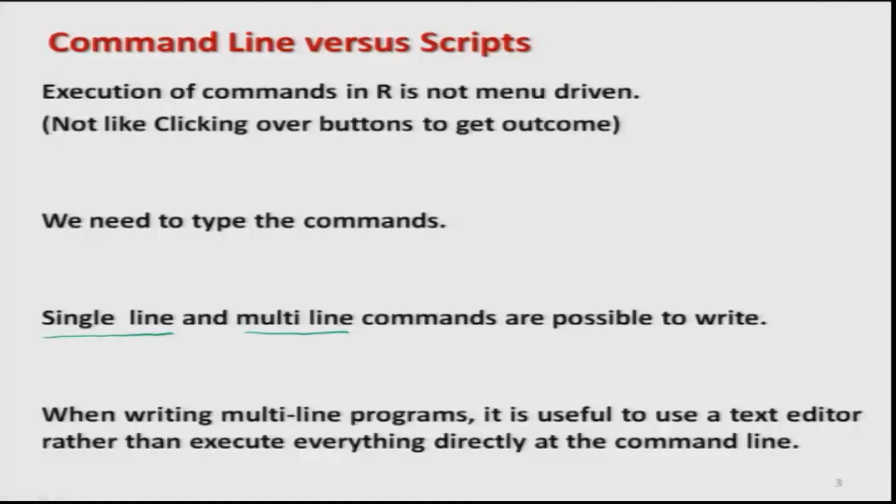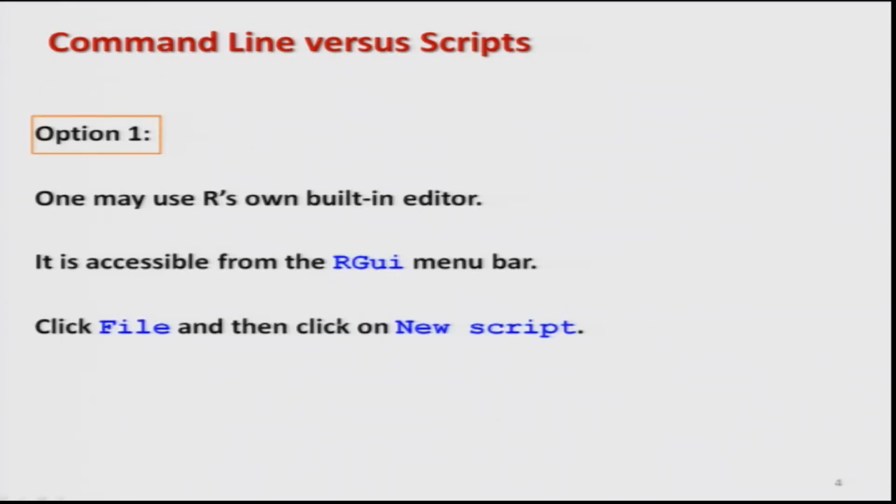This will complete the entire program for finding the arithmetic mean. Now, whenever we want to write a multi-line program, it is always easier in R to write the programs in a separate file and then execute it. In order to write such programs, we have several options.